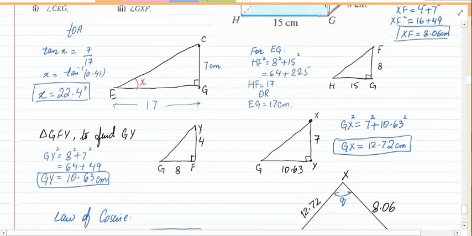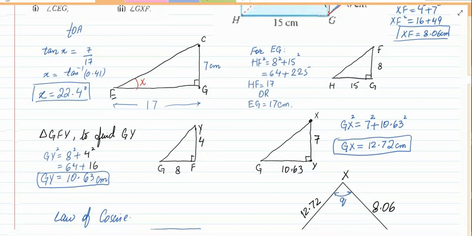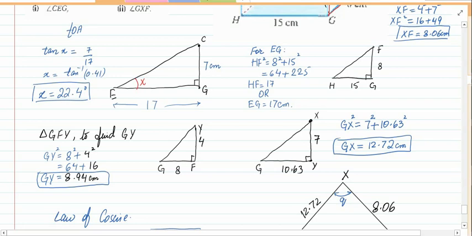So when it is 4, it will be 8 square plus 4 square, that is 64 plus 16, root, it's 8.94. So the value of GY is now 8.94 centimeter, and with the help of GY, it will be 7 square plus 8.94 square.